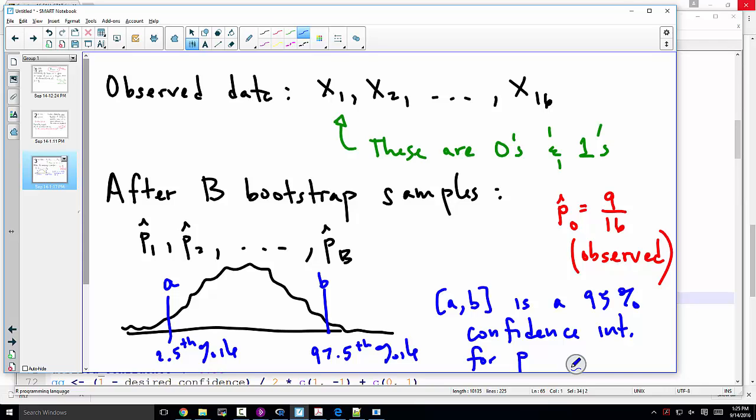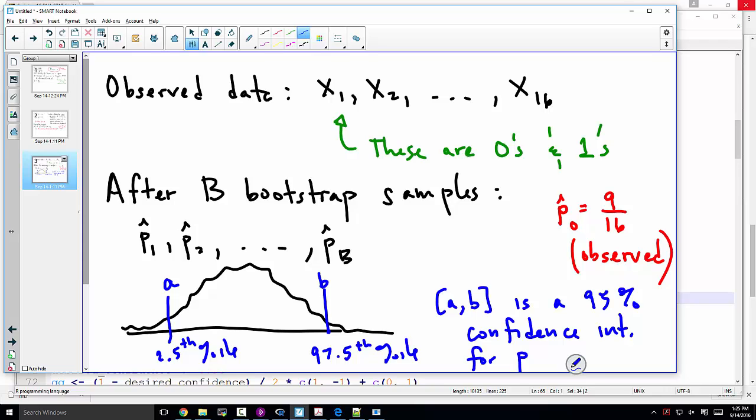Which is inference, statistical inference. A confidence interval is inference. I'm this confident about where the truth is. And while it probably doesn't look magic yet, what's magic about this is we got this without saying anything. We didn't have to say anything about what the distribution of the data was.